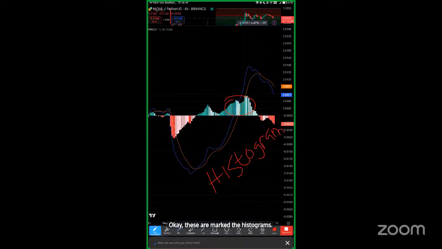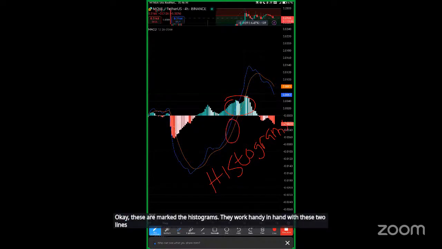They work hand in hand with these two lines to interpret what is happening on the market, which is the candles.